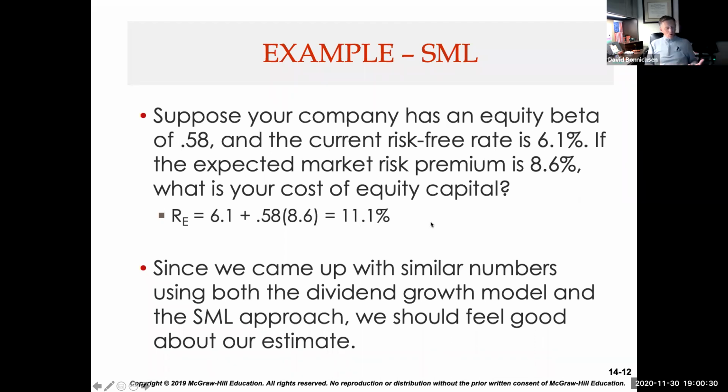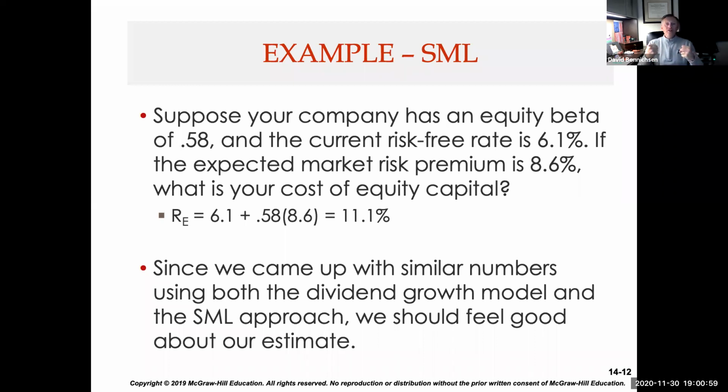So this is an important note. You can calculate cost of equity using the DGM, and you can calculate the cost of equity using the CAPM. And in this case, both of them were equal to 11.1. So both models yielded the same result, which gives us some comfort that 11.1 seems reasonable.